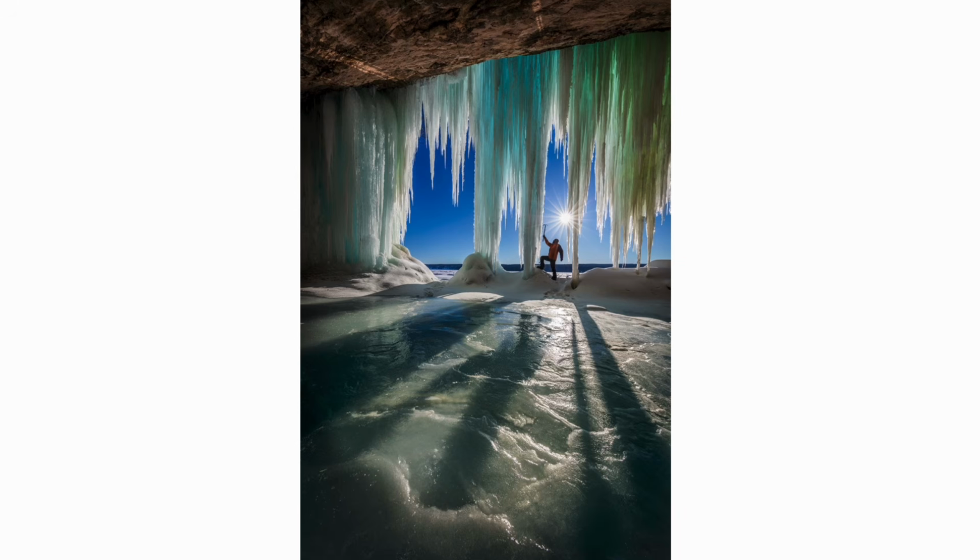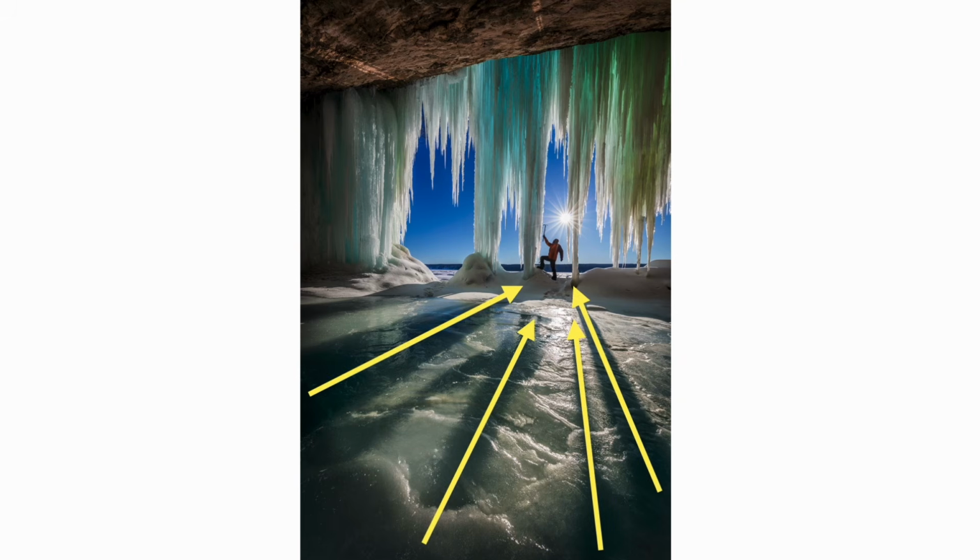And here is another example of using leading lines. This is a self-portrait I took along the south shore of Lake Superior. There's all these cliffs on the south shore that freeze in the winter, creating these really interesting ice caves. And I used the shadows coming from the backlit icicles and from myself as leading lines that all come in from the lower edges and corners of the image frame, pushing the viewer towards the background part of the composition.